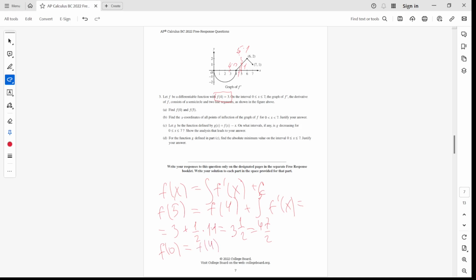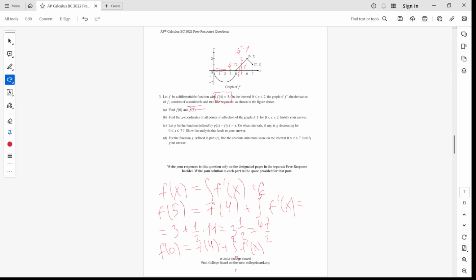So it's f of 4 plus the integral from 0 to 4 of this function. And as you can see, this is a semicircle, right, with the radius of 2.